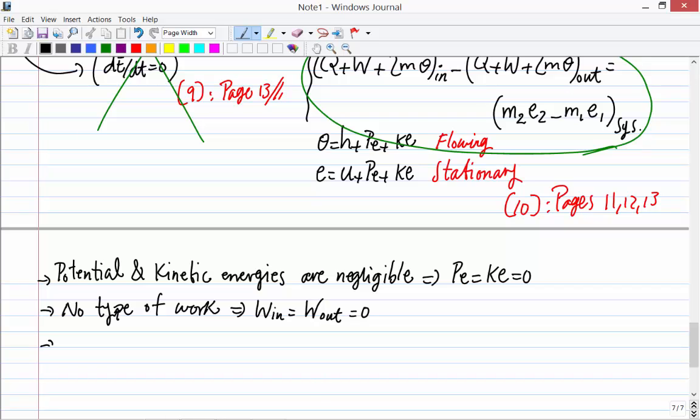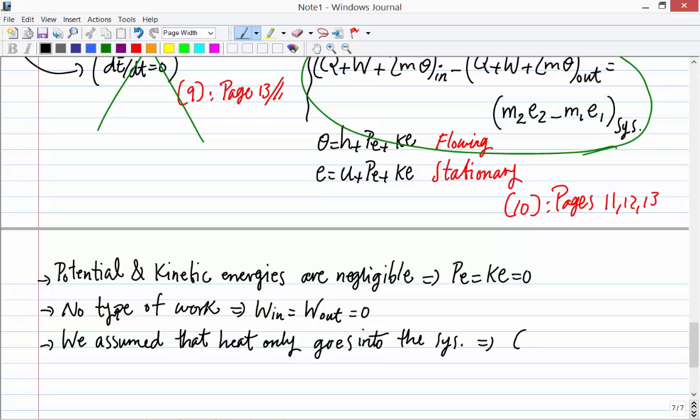And we assumed that heat only goes into the system. Therefore, Q out would be zero.